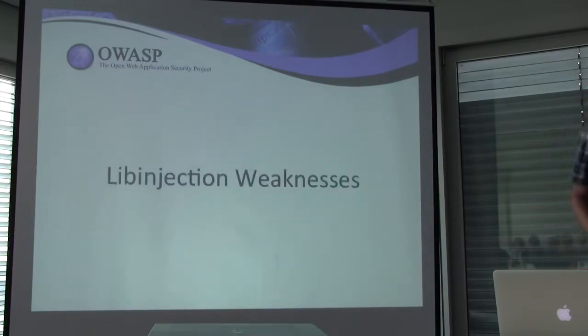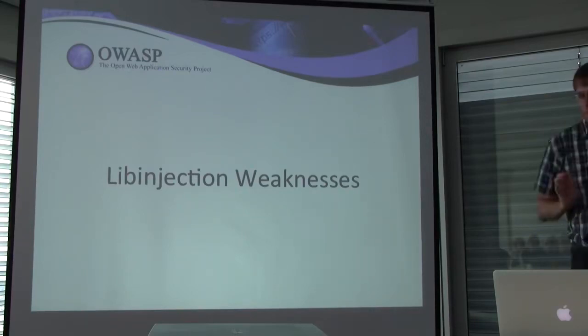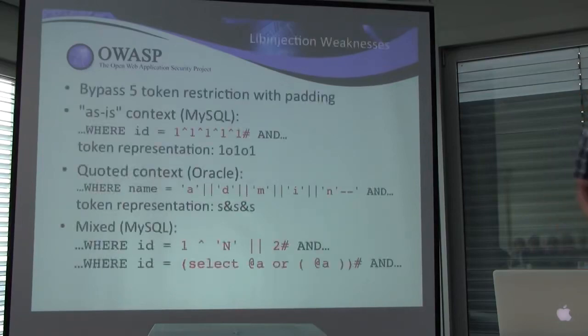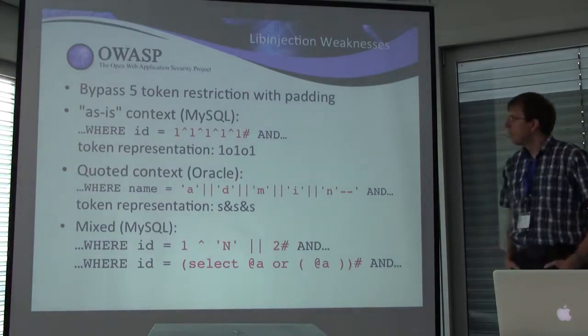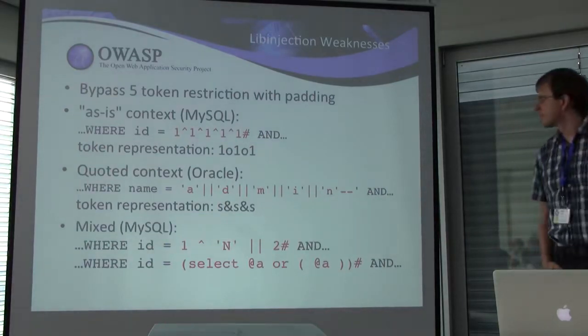So coming to the weaknesses of libinjection. Basically, that's my personal opinion here. I know there are already a few web application firewalls using this library. So one problem with libinjection, I thought, is this 5 token limitation. Can it be bypassed? And yes, it can. So for example, you add some padding string like this one here, 1 XOR 1 XOR 1, and so on.